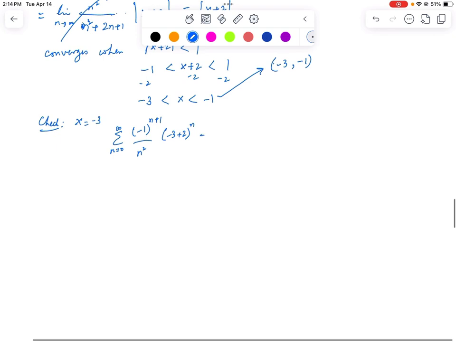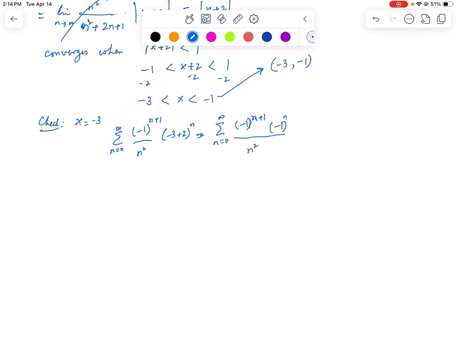So this gives me negative 1 raised to n plus 1, and then this part is going to give me negative 1 raised to n. Now these two bases are the same and the powers will be added. So I end up getting negative 1 raised to the power 2n plus 1.